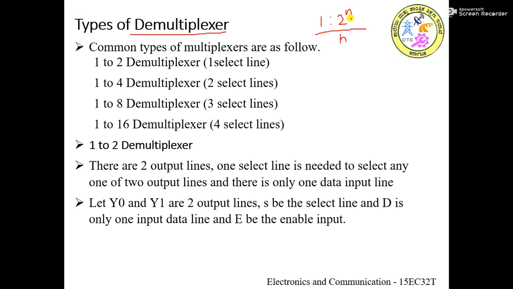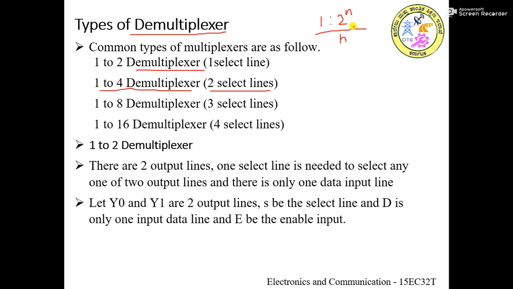If you provide n as 0, then we will get a 1 is to 1 logic system. If n equals 1, then we get a 1 is to 2 demultiplexer, and if you put a value n equal to 2, then it will be called a 1 is to 4 demultiplexer with 2 select lines.